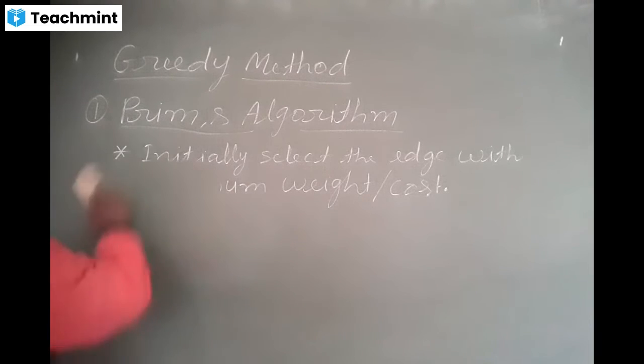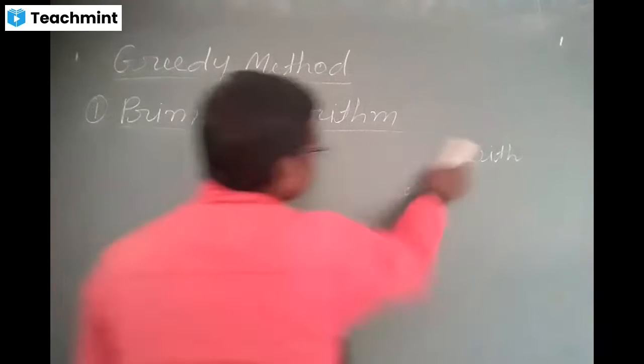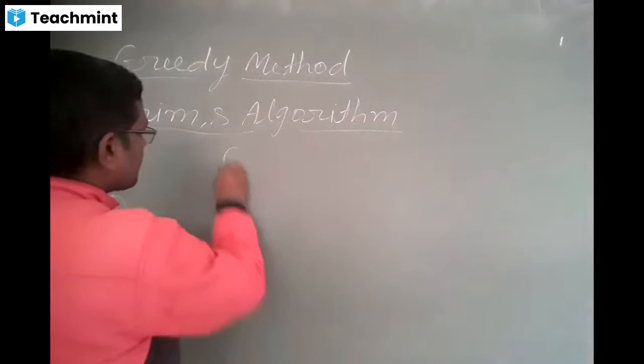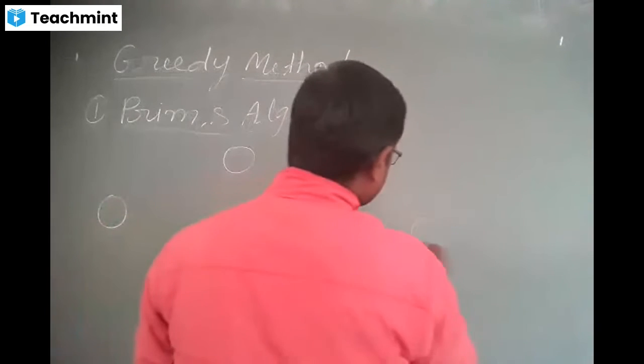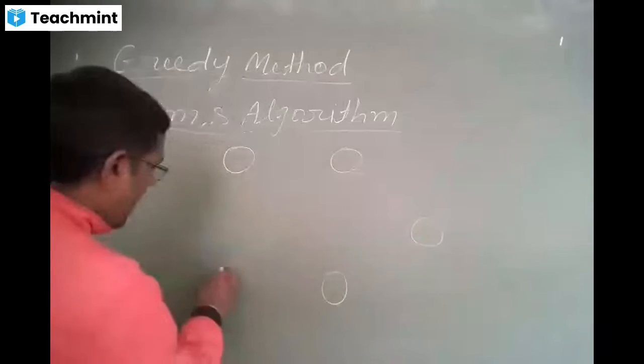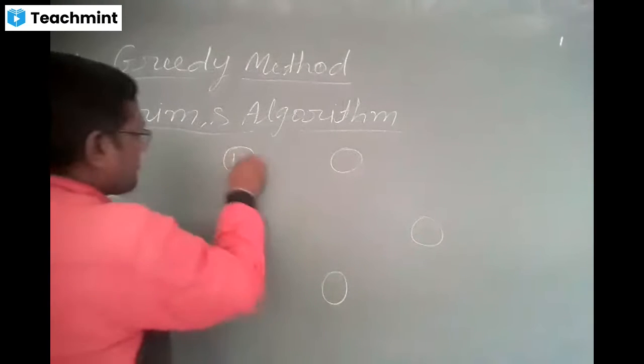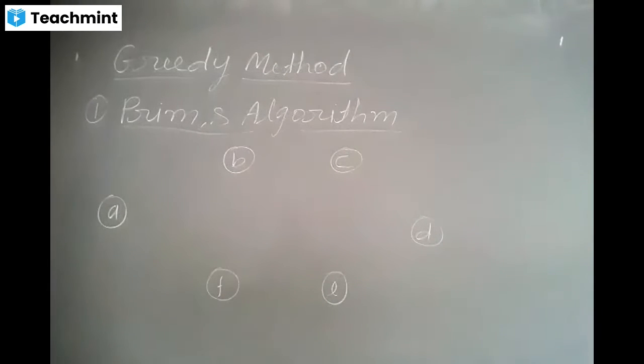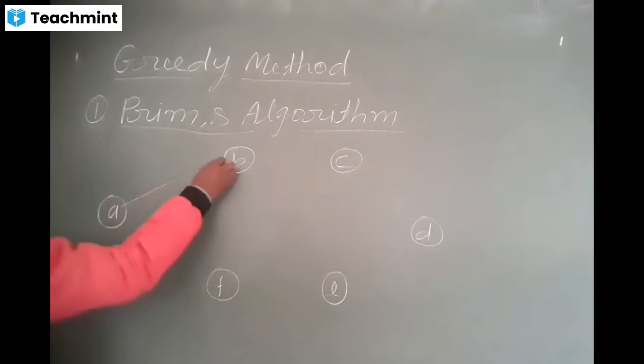So here let us see with an example. For example, there is a graph with six nodes A, B, C, D, E, and F. There is an edge from A to B, this is 3.